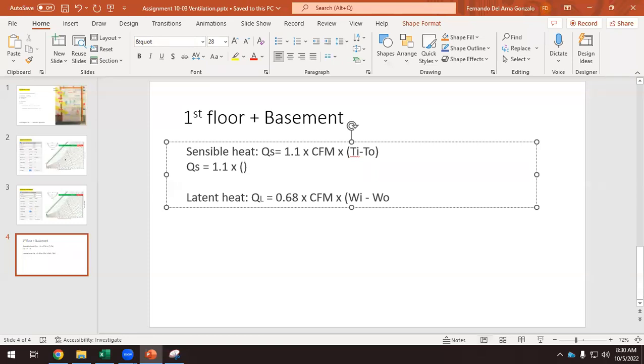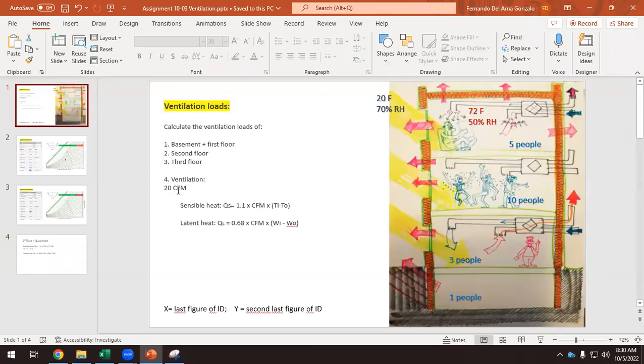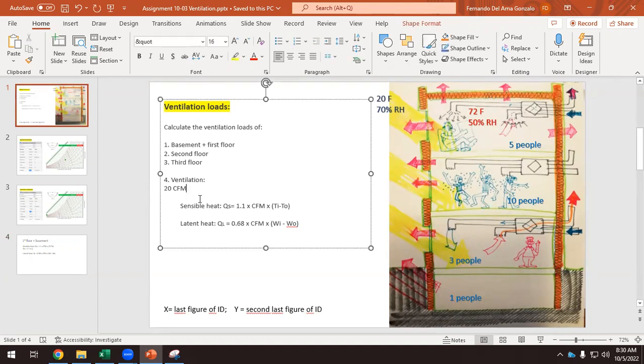So what's the CFM? We always have 20 CFM. Here we have to type per person. Okay, so how many people do we have in the basement and the first floor? In this case, 4 people. Your number of people will be different.